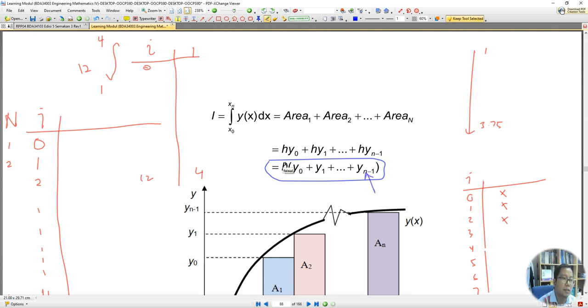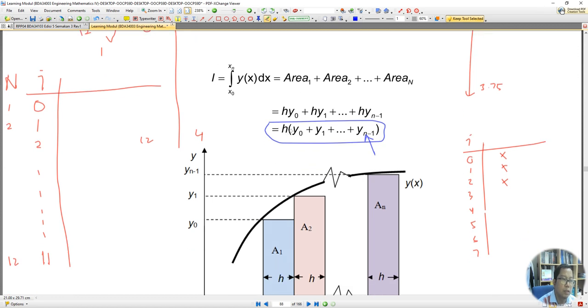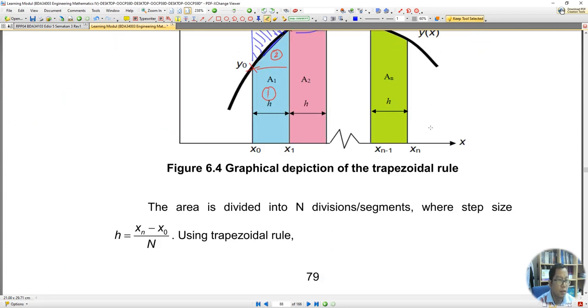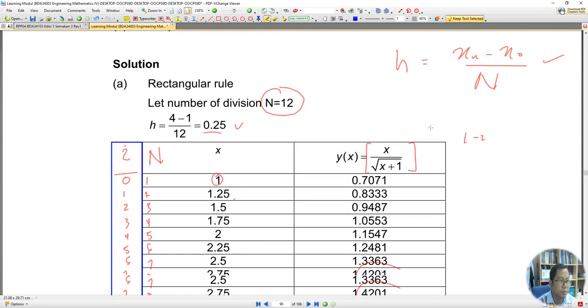So here, by using rectangular rules, h multiplied by y0, the first, and then the last, and the first iteration 0, 1, 2, 3 until n minus 1. So here n minus 1 is 12 minus 1, meaning 11.